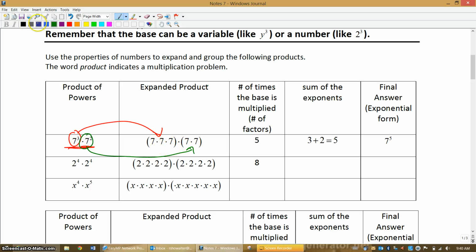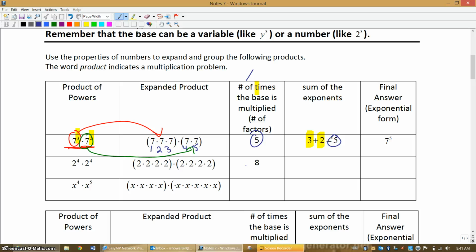There are a total of 1, 2, 3, 4, 5 sevens. In addition to that, that exponent is 3 and this exponent is 2. When you add 3 plus 2, you get that same number 5, which is a very nice pattern that we can actually create a rule for in the end.